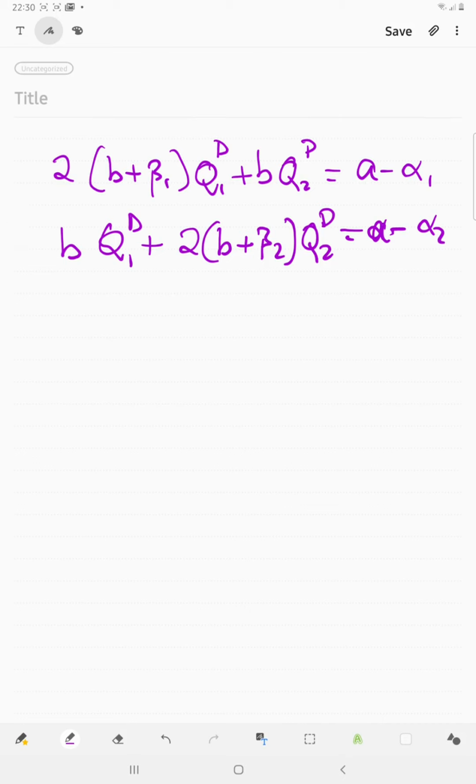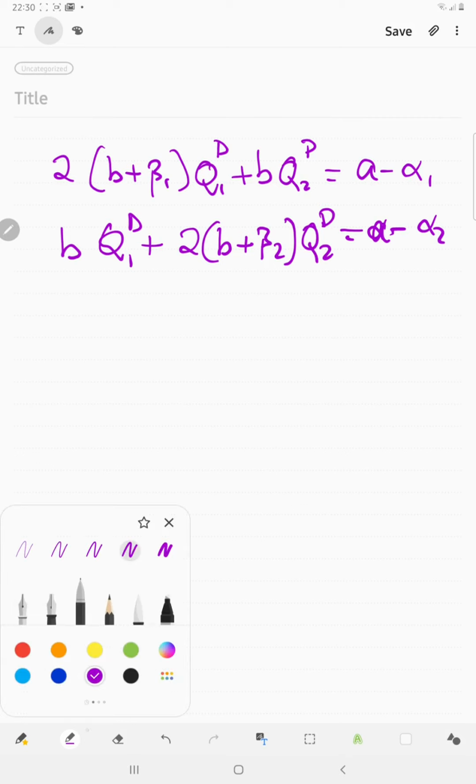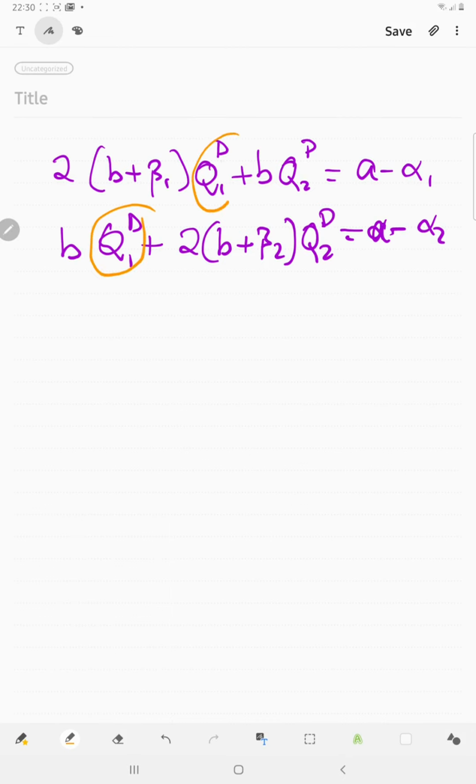the coefficient matrix. In this particular part you can see what is common: this is q1 and this is q2.